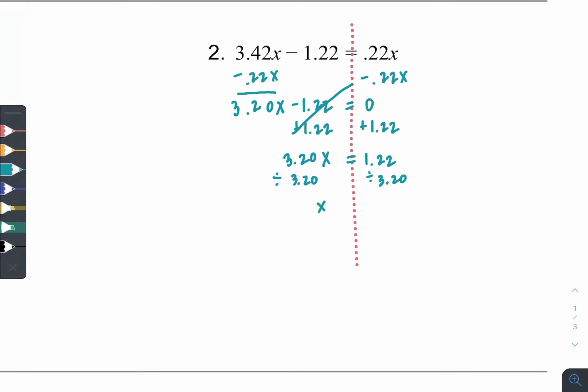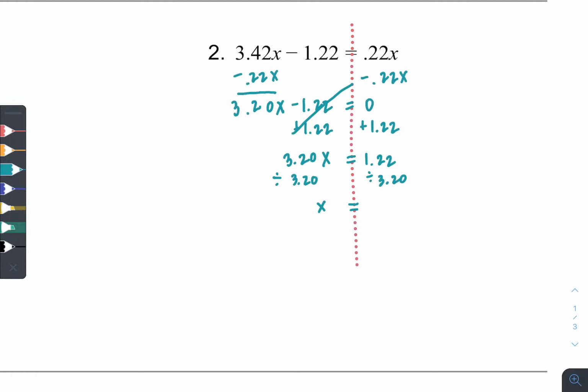And then x is equal to, let's go ahead and do, I don't have my calculator, 1.22 divided by 3.2 in the calculator is about 0.38125. If we want to round that, we would just do about 0.38.